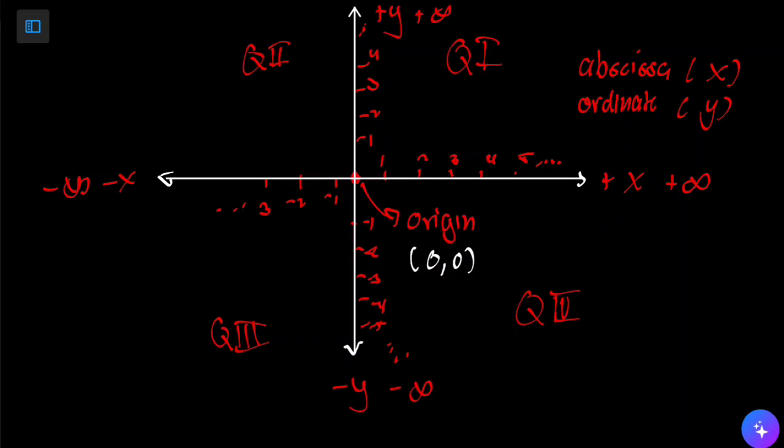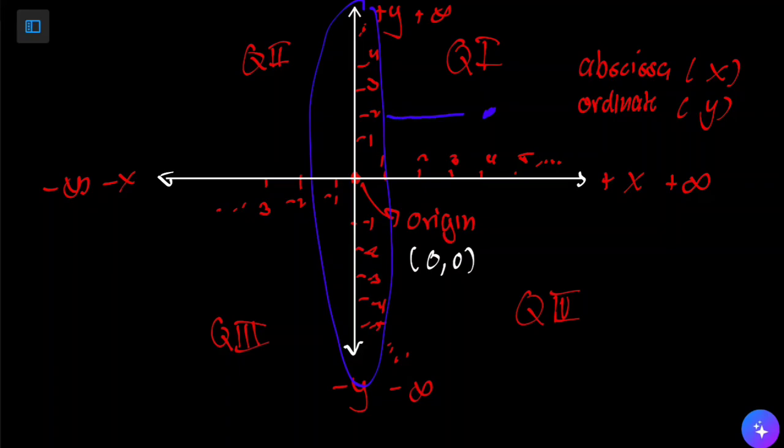When we say abscissa, it is formally defined as the distance from the y-axis. So the reference point is there, and let's say this is a point.